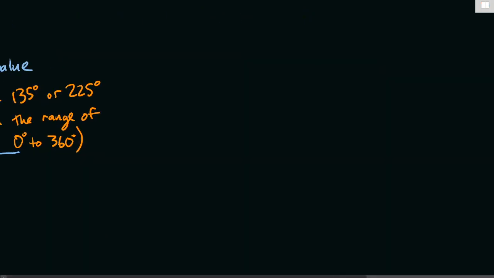Okay, let's try one where there's only one example. Let's do sine inverse of +1. Okay, so +1 is where as a y value, right? Because this is sine, +1 is a y value.